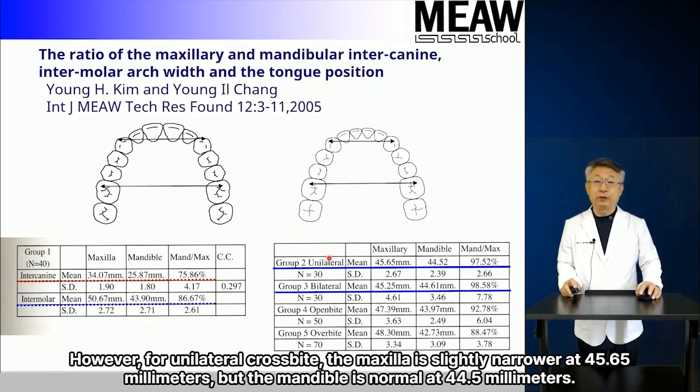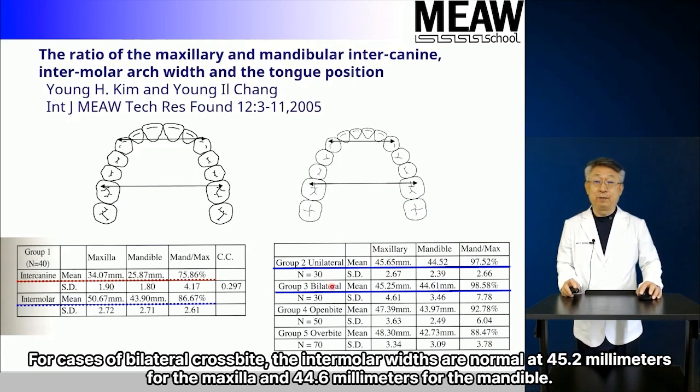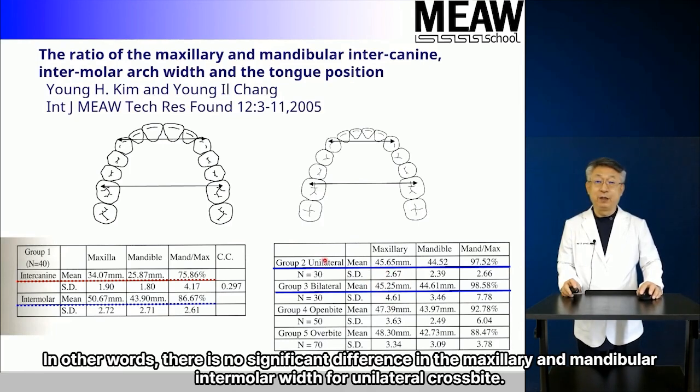However, for unilateral crossbite, the maxilla is slightly narrower at 45.65 millimeters, but the mandible is normal at 44.5 millimeters. For cases of bilateral crossbite, the intermolar widths are normal at 45.2 millimeters for the maxilla and 44.6 millimeters for the mandible. In other words, there is no significant difference in the maxillary and mandibular intermolar width for unilateral crossbite.